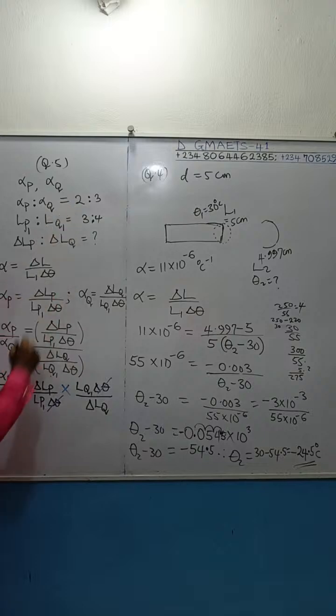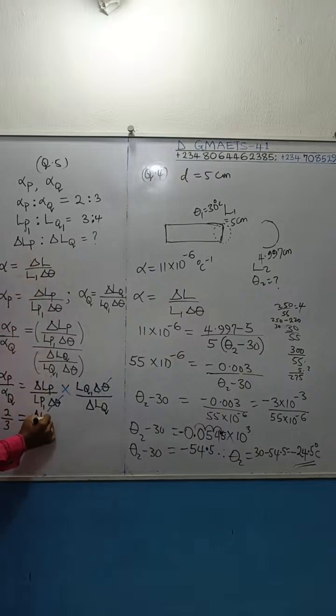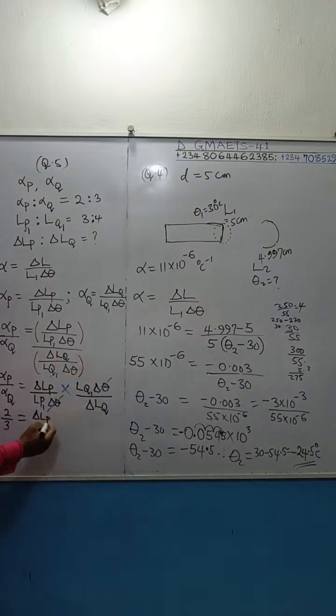At this point, we can now fix our values. Linear expansivity of P is 2, so it's going to be 2 all over that of Q, which is 3. That's going to be equal to the increase in length of P. We don't know it, so you maintain it: delta LP, divided by the increase in length of Q, times the initial length of Q, all over the initial length of P. It does not matter how you arrange the numerators and denominators. I want to arrange the increases in length together and the initial lengths together.